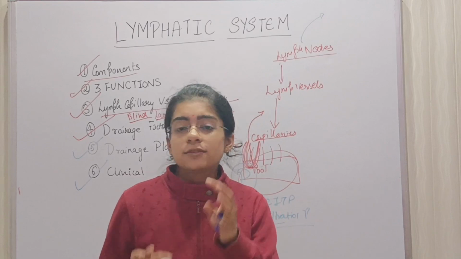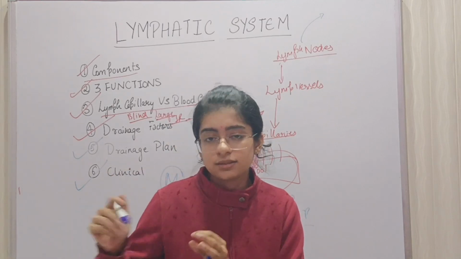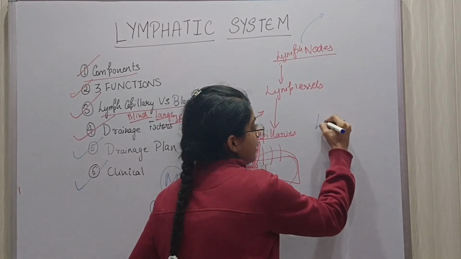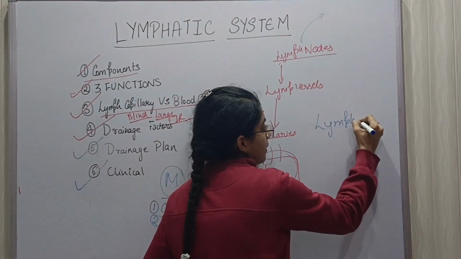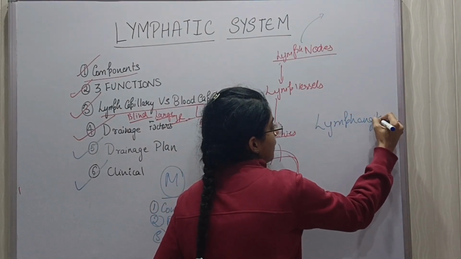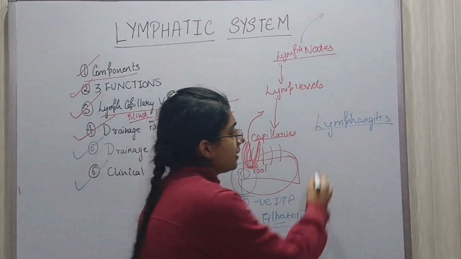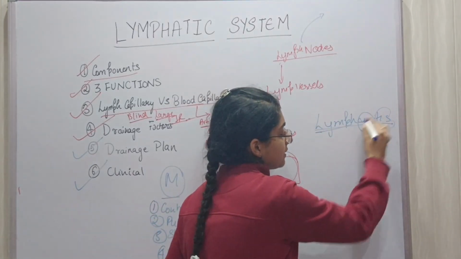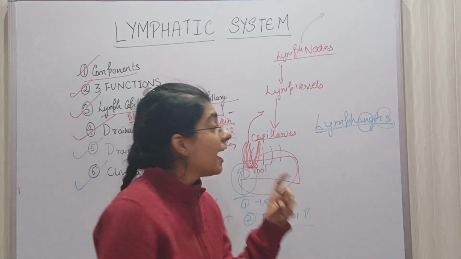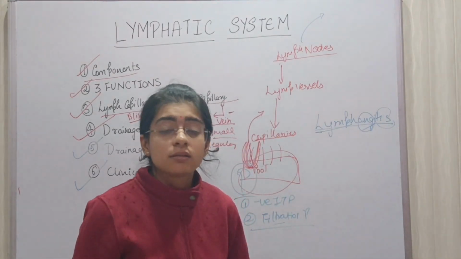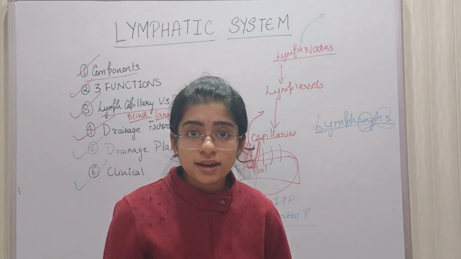Now you can guess what is lymphangitis. I can tell you by breaking the word, and we have to learn by this method only. In lymphangitis, itis means inflammation, and angi means vessel. So it can be any vessel, right?